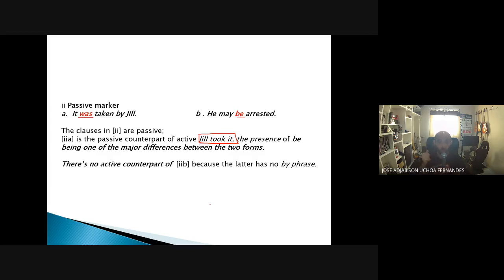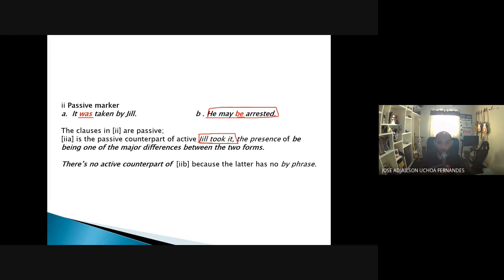The book was taken. There is no active counterpart, on the other hand, for this clause here, He may be arrested, because the latter has no paraphrase. There's no way to paraphrase this.